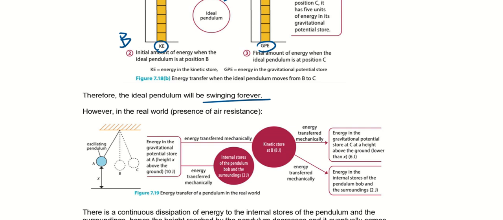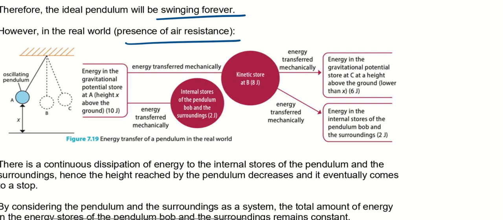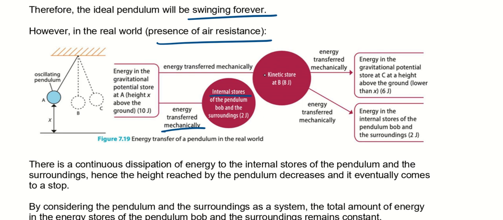But in the real world, when there is air resistance, which is a force that opposes motion, some of this energy will be transferred mechanically to the internal stores of the pendulum bob and the surrounding.